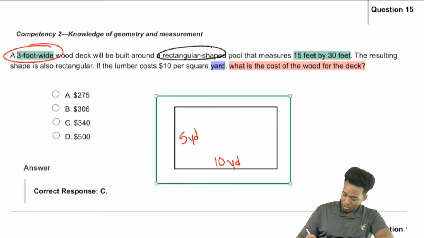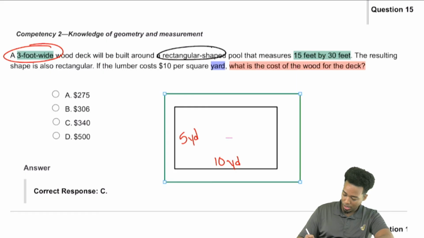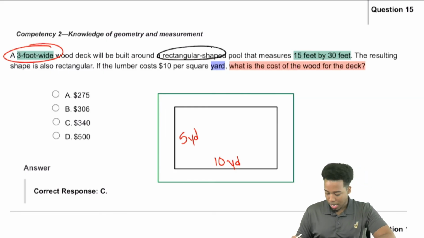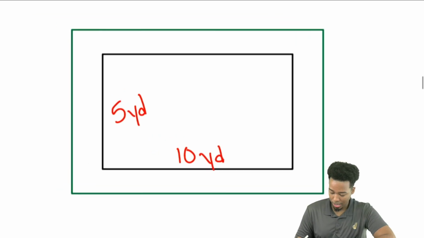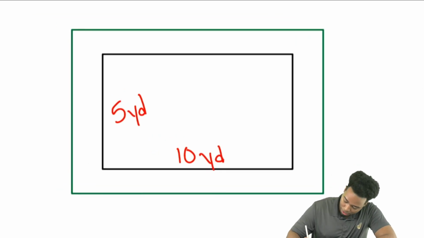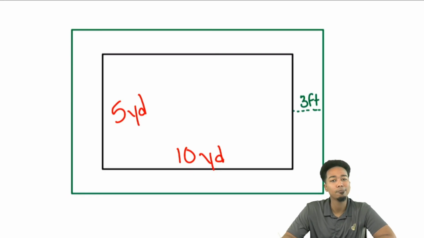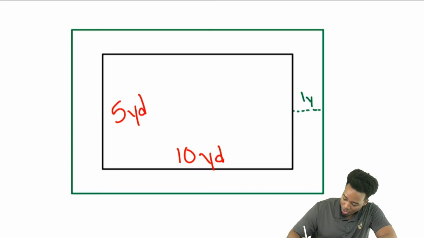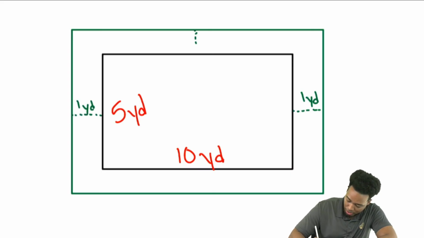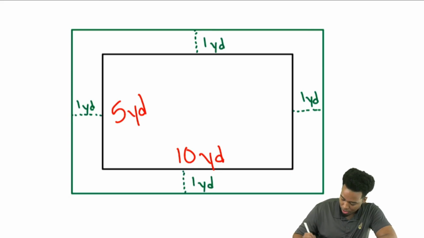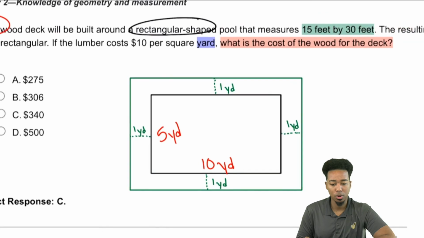And so what this means is that we have an extra 3 feet here. But remember, 3 feet, what is that? 1 yard. Again, turn it straight up into yards immediately. We have 1 yard extra here on this side, 1 yard on that side, 1 yard here, and 1 yard here. So there's our border that we're looking at.